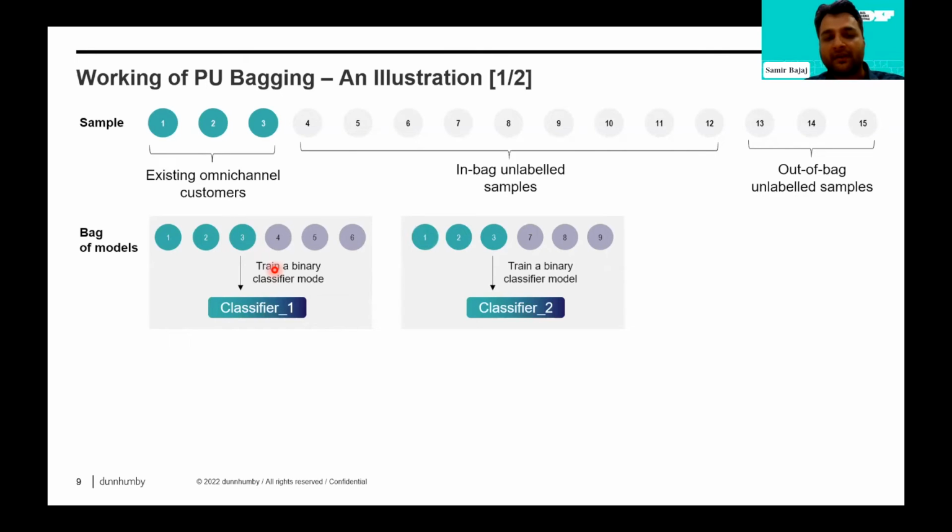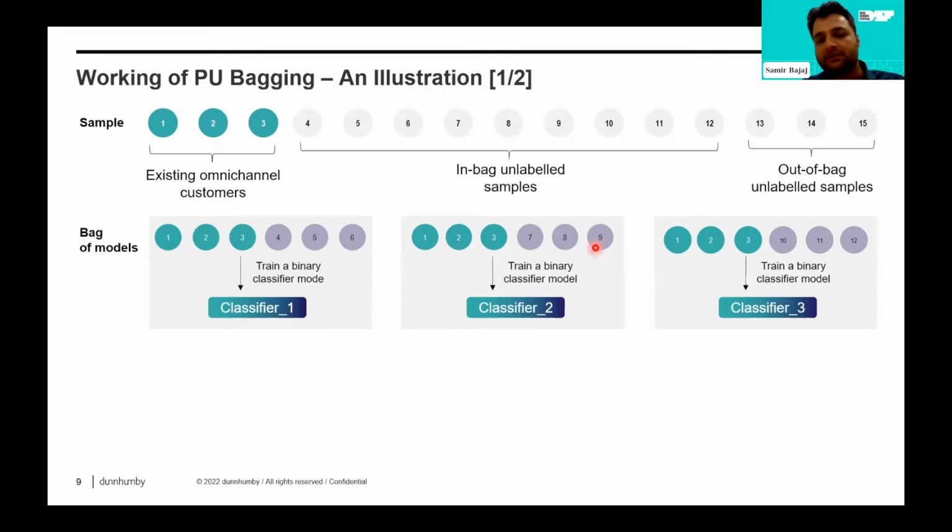Similarly, we train classifier 2. Here the random sampling of in-bag samples changes from 4, 5, 6 to 7, 8, 9. And similarly, the third model which goes into the bag is 10, 11, 12. But it's just for illustration, I've only shown 3 classifiers.